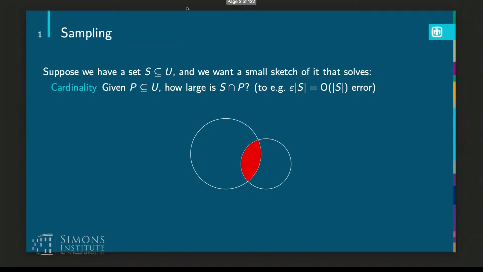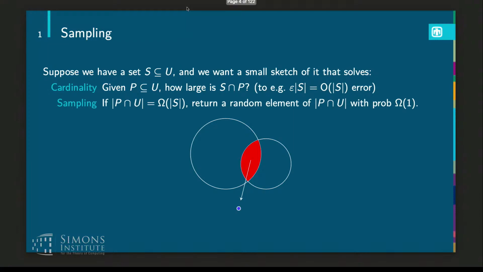So I want to be able to come along with another set P, also living in U, and estimate the size of the intersection between S and P to say error maybe a constant times the size of S. And if these two sets have a decent amount of overlap, I also want to be able to sample a random element from within that overlap.